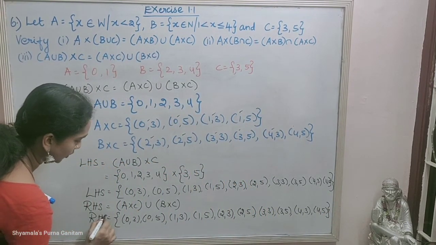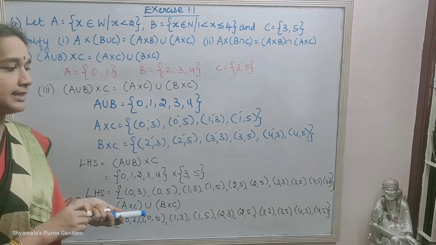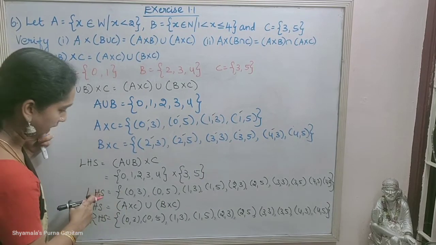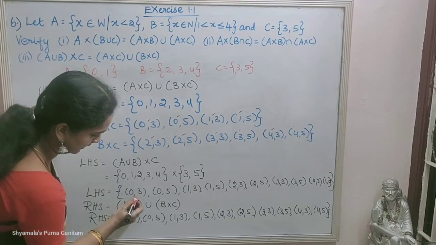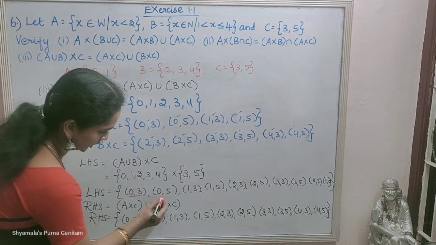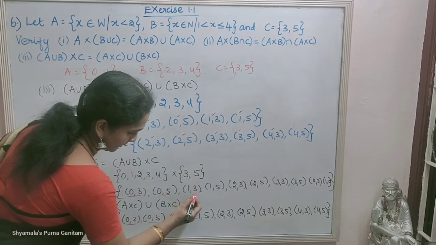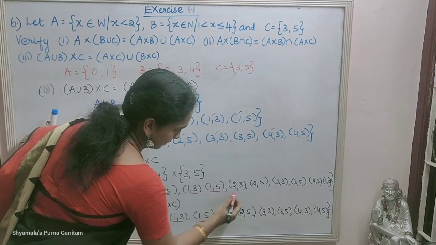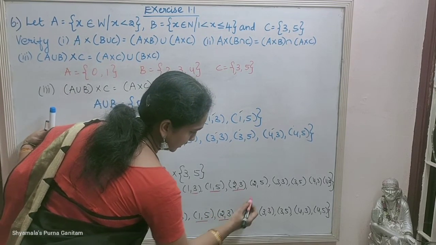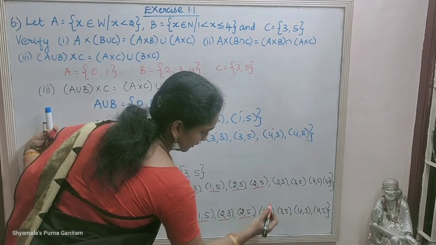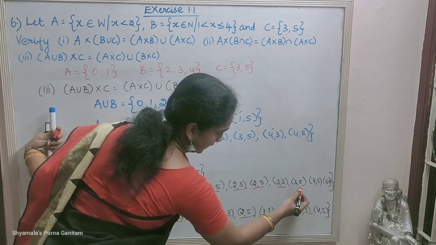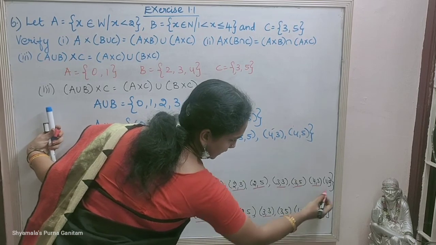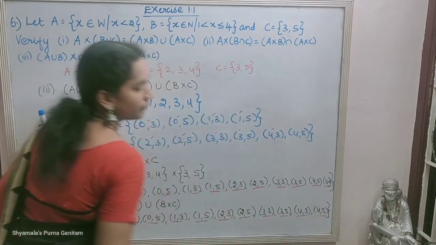Now we will check whether this LHS and RHS value are equal. Okay. So this is our LHS and this is RHS. (0, 3) and (0, 3). (0, 5), (0, 5). (1, 3), (1, 3). (1, 5), (1, 5). (2, 3), (2, 3). (2, 5), (2, 5). (3, 3), (3, 3). (3, 5), (3, 5). (4, 3), (4, 3). (4, 5), (4, 5).